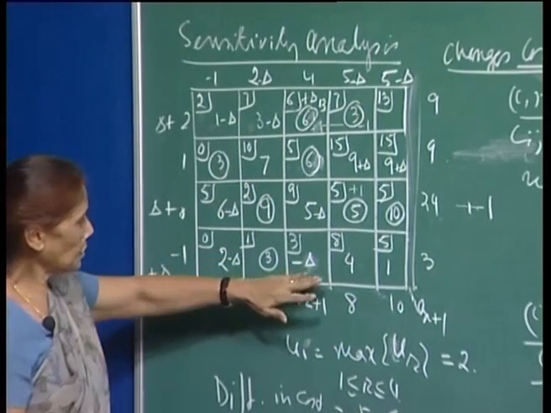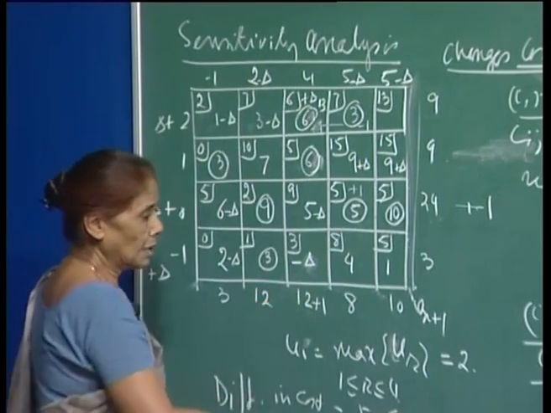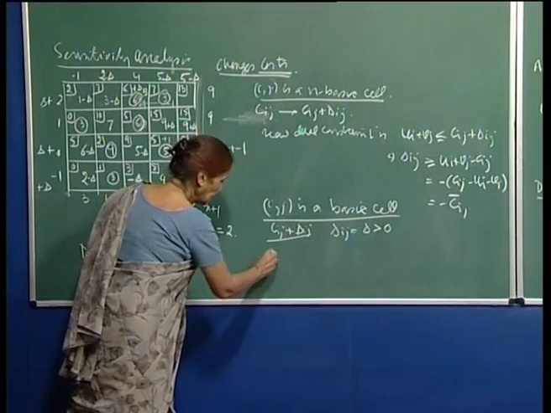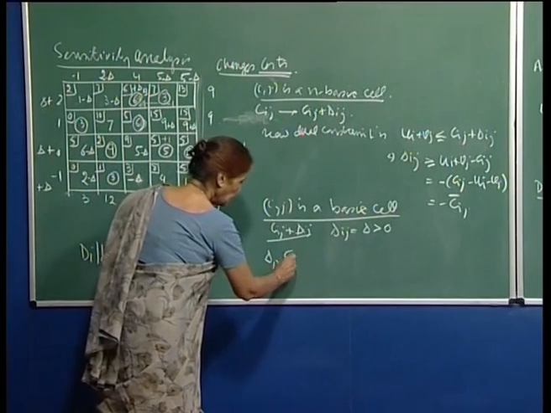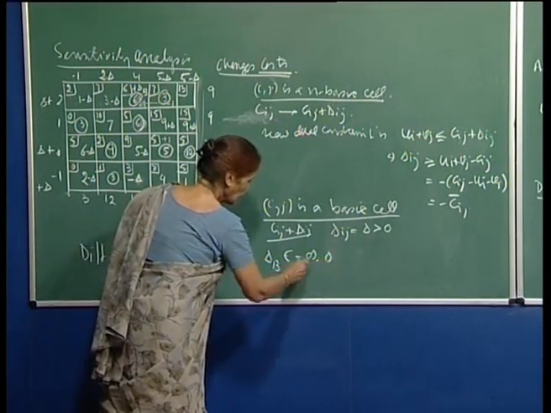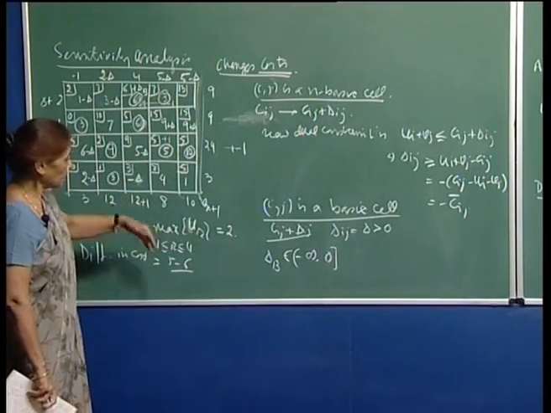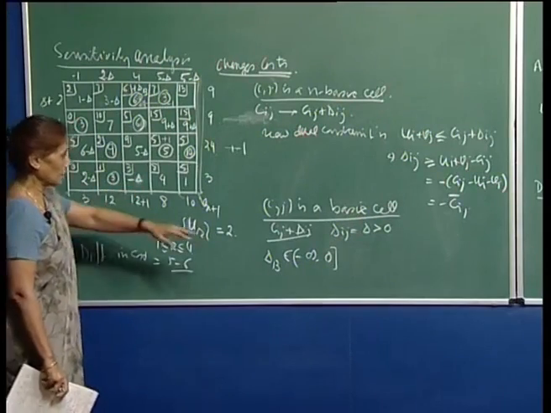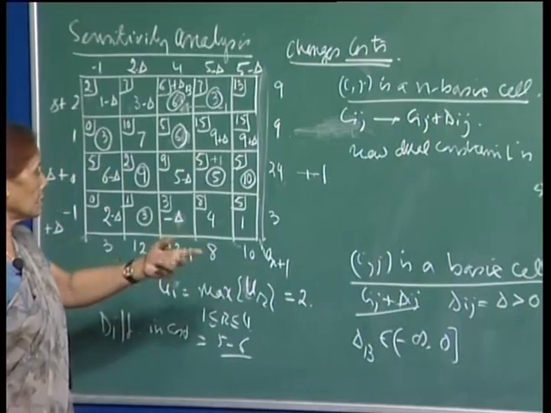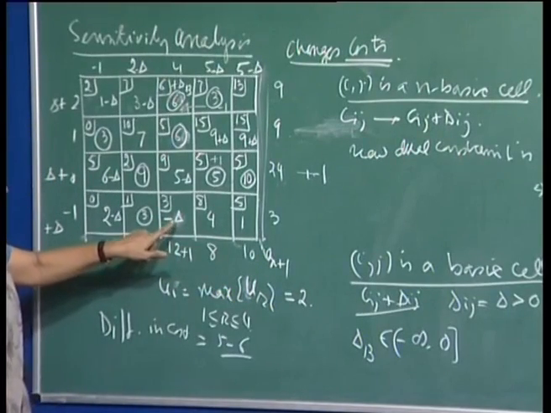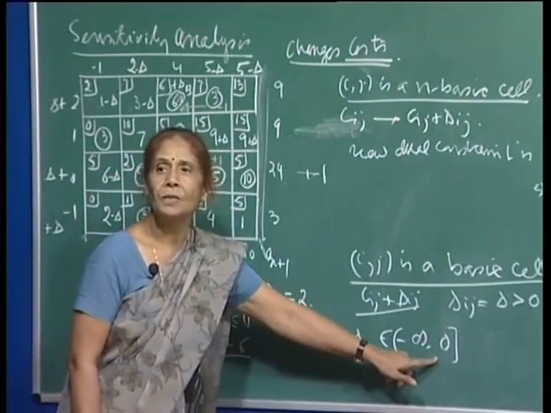But in this case, you see what is happening is that this particular number is coming out to be minus delta. So, if delta 1 3 is in the interval minus infinity to 0, then the current solution will remain optimal. That means if I take it to be negative, this will remain positive if your delta 1 3 is in the interval minus infinity to 0.